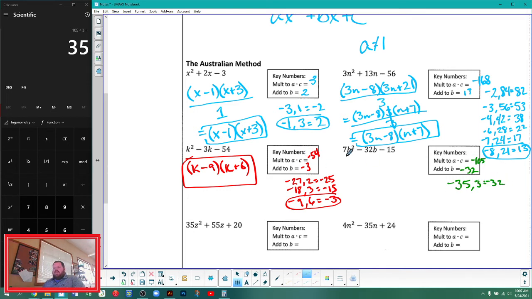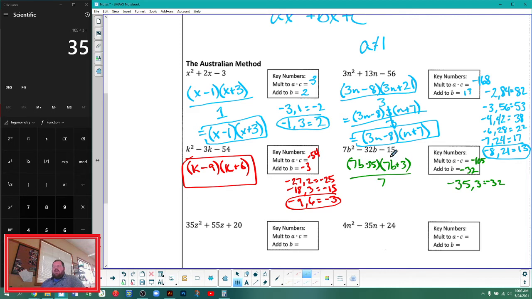So those are my magic numbers, negative 35 and positive 3. In the Australian method, we put the 7b in both sets of parentheses. And knowing that that's going to overestimate by a factor of 7, I'm going to divide by 7. And I'm going to put that negative 35 and positive 3 in the two parentheses.